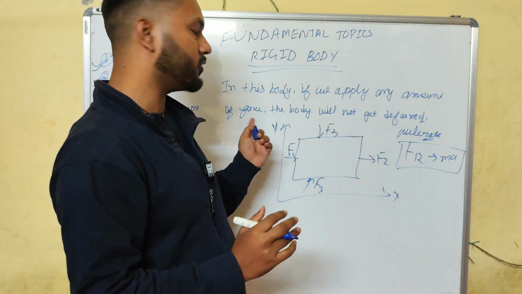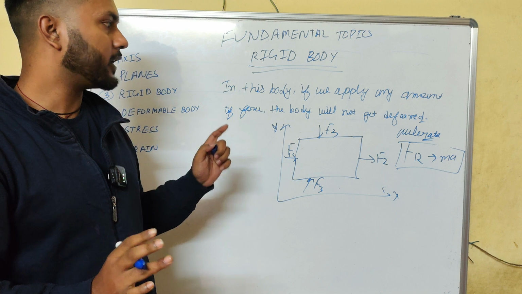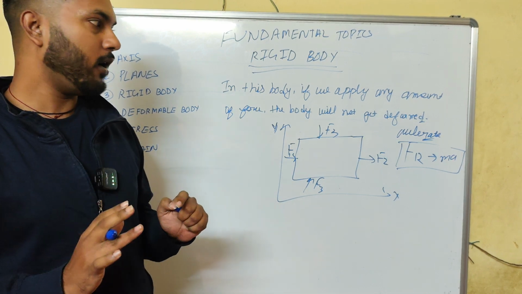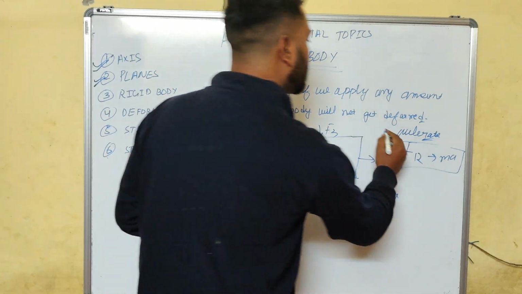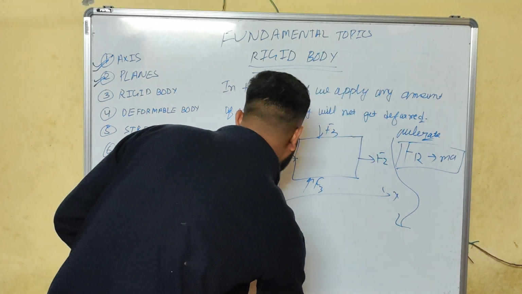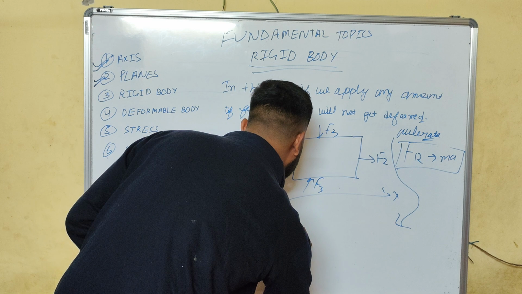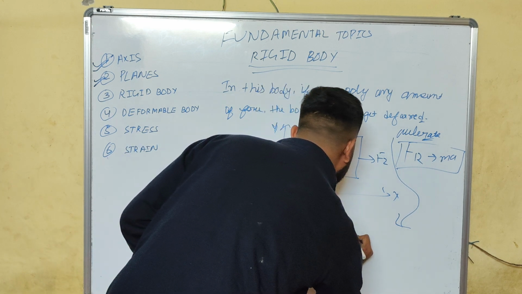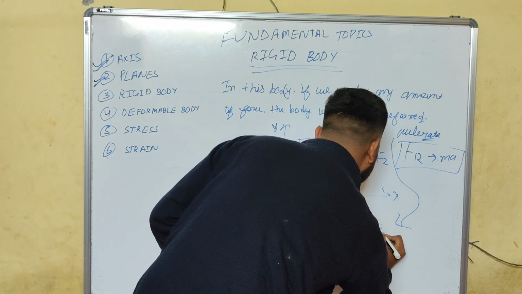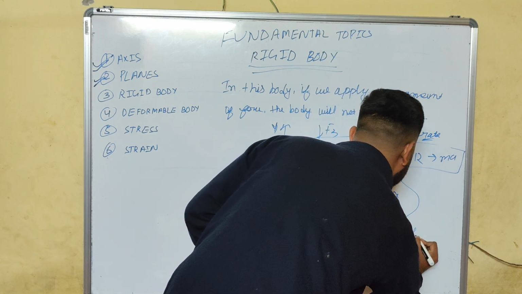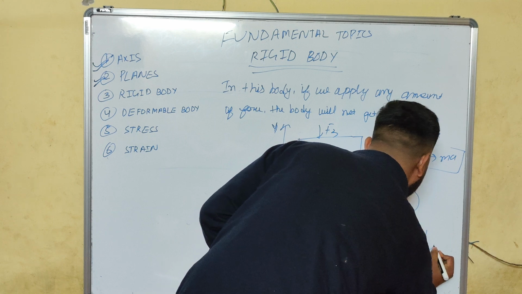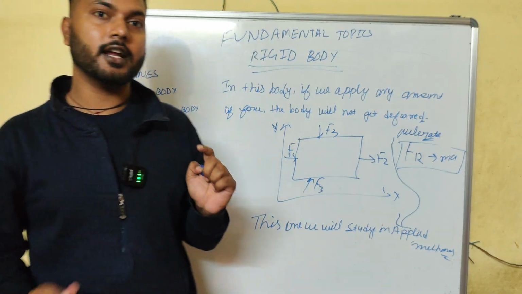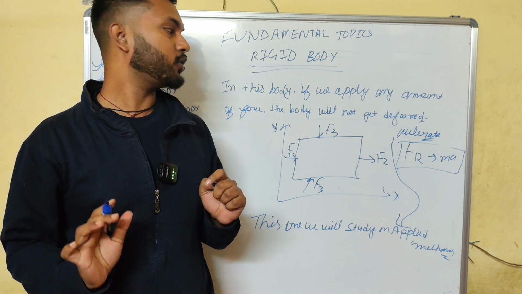So this is basically the concept of a rigid body. Whatever the amount of force that we apply, the body will not get deformed, it will accelerate. This type of body we study in applied mechanics, not in solid mechanics.